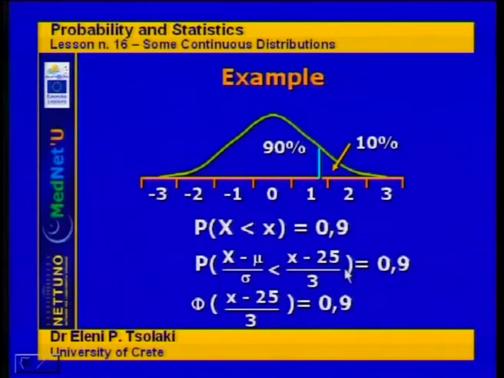Now, this is actually the cumulative distribution function at this point here, x minus 25 over 3. So looking at tables, we can find this value.